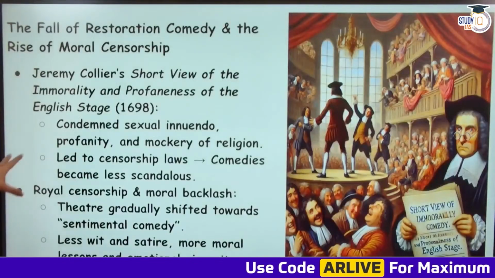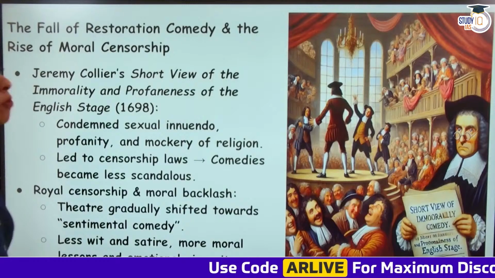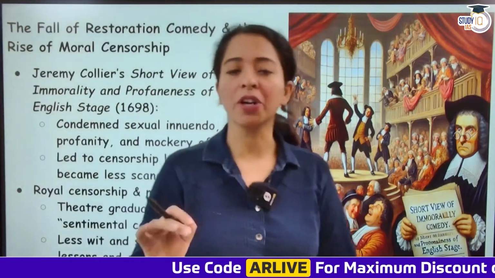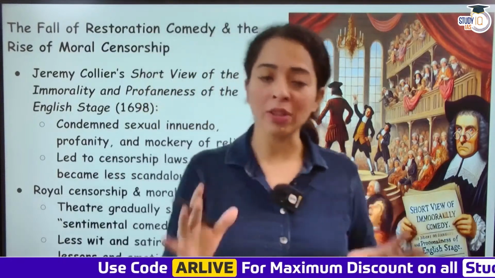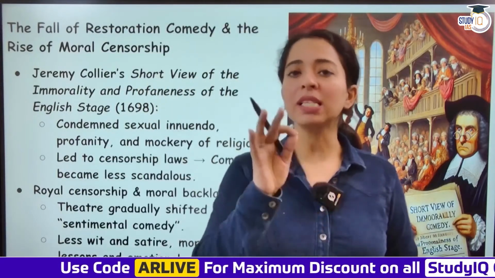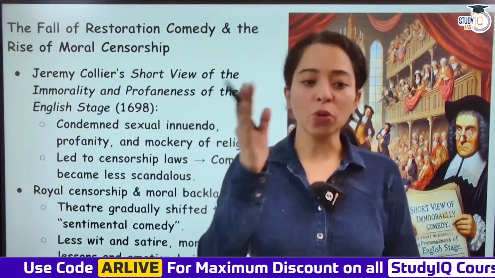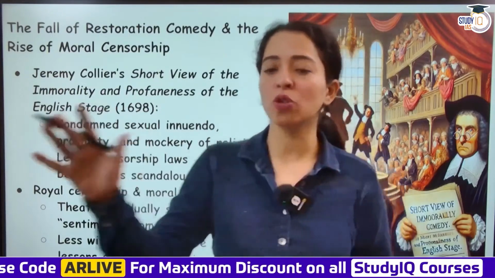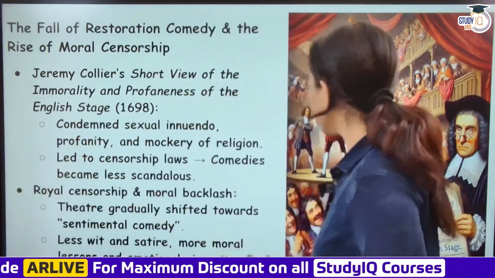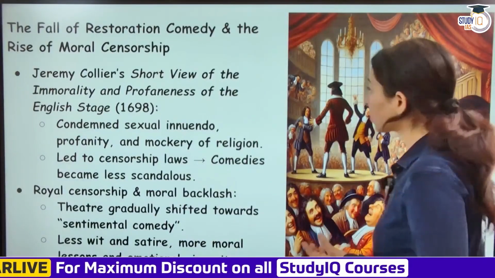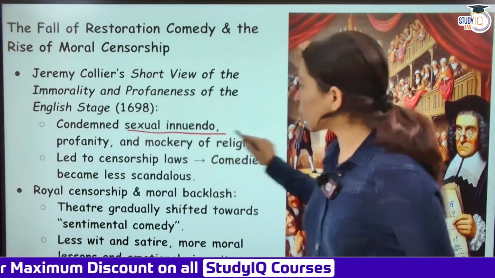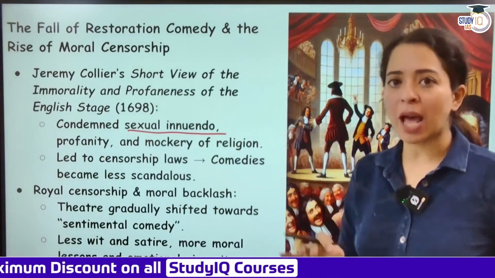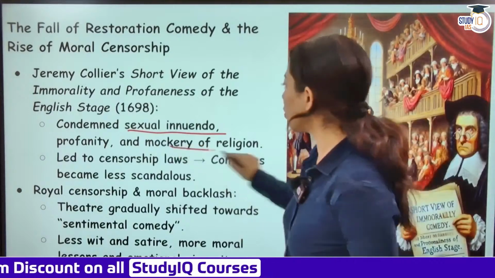Then you have the fall of Restoration comedy and the rise of moral censorship. As we talked about earlier, Jeremy Collier's A Short View of the Profaneness of the English Stage was a seminal, watershed event, because it stopped a lot of what was happening in Restoration comedy. It condemned sexual innuendo, profanity and mockery of religion.